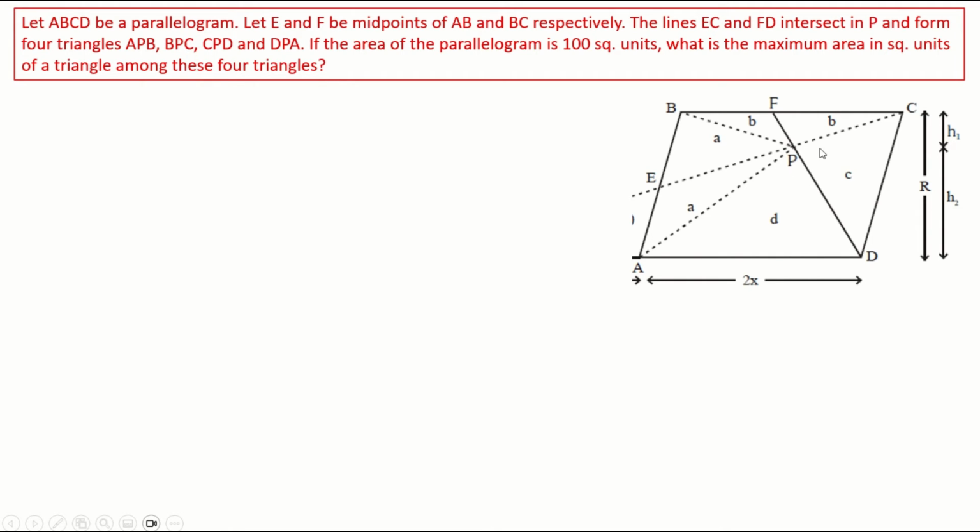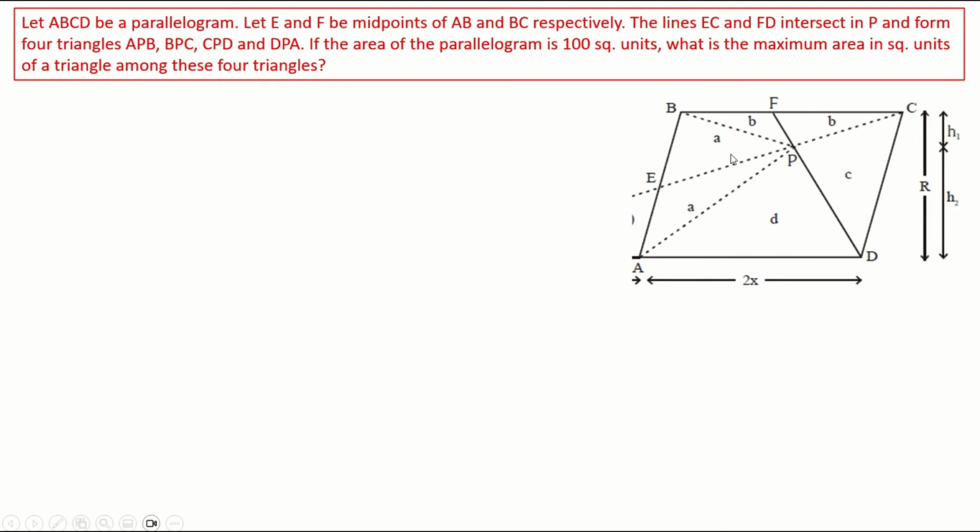Let's see how they are like that basically. If you take BPC, PE is the median basically because F is the midpoint. So obviously it will bisect this BPC triangle into two equal areas, that is B and B. Same case here, BPA, PE is the median, E is the midpoint of BA.